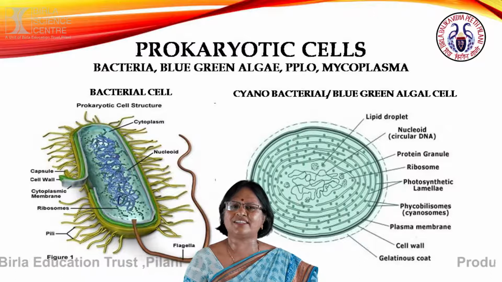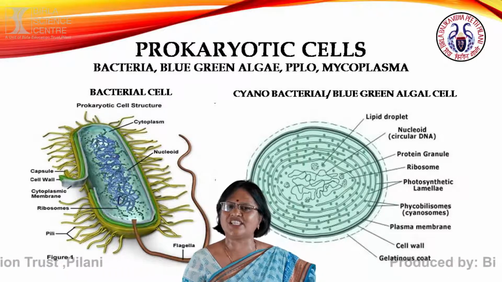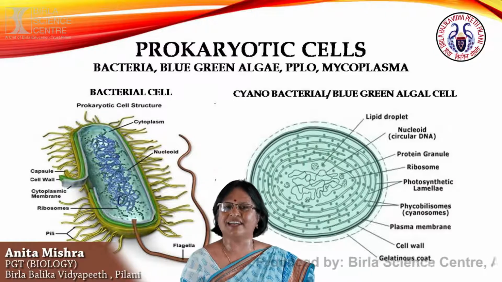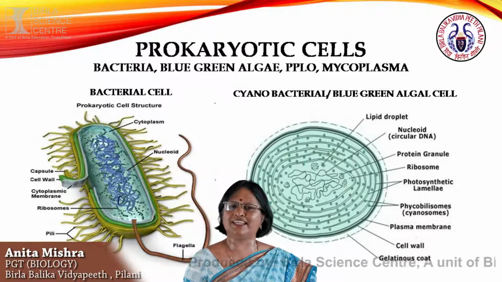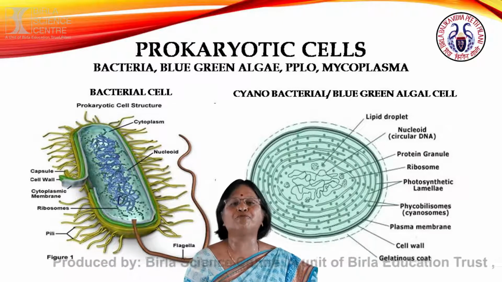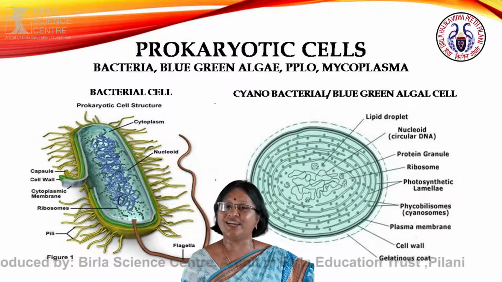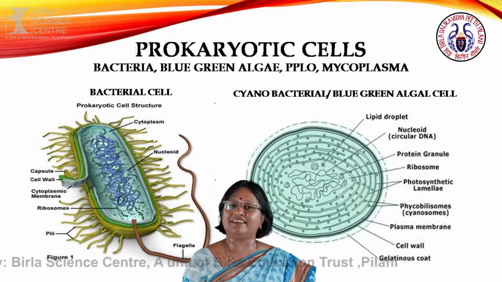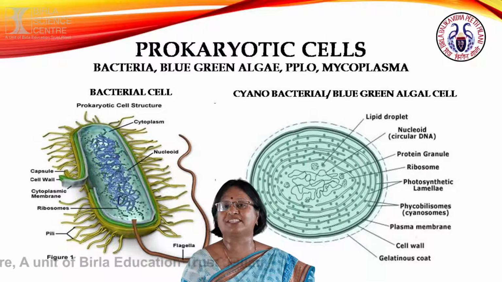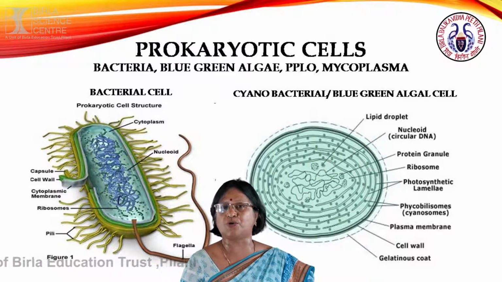It has got certain structures which have got photosynthetic pigments, and those photosynthetic pigments trap the solar energy to prepare food for cyanobacteria. So it means the cyanobacteria is a self-sufficient cell which can produce its own food. It is an autotroph.